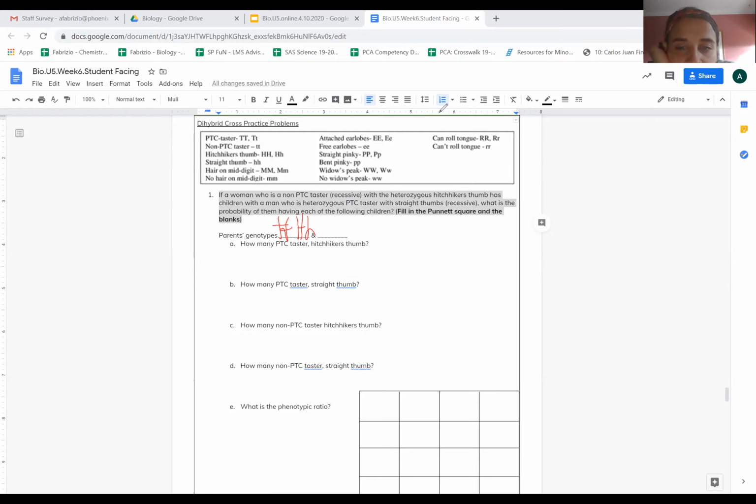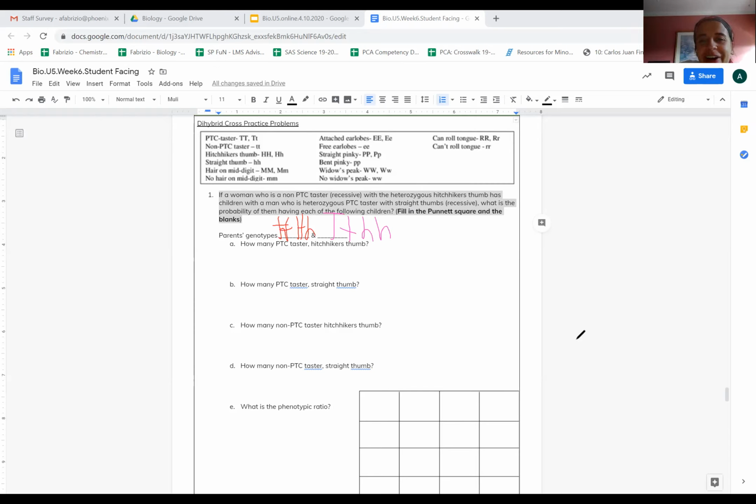So dad, it tells us, is heterozygous for PTC taster. So we see up here that that would be Tt, big T, little t. And then that he has straight thumbs, which is recessive. So two lowercase h's.